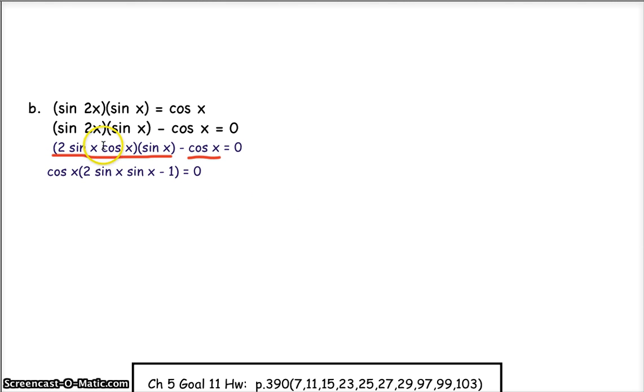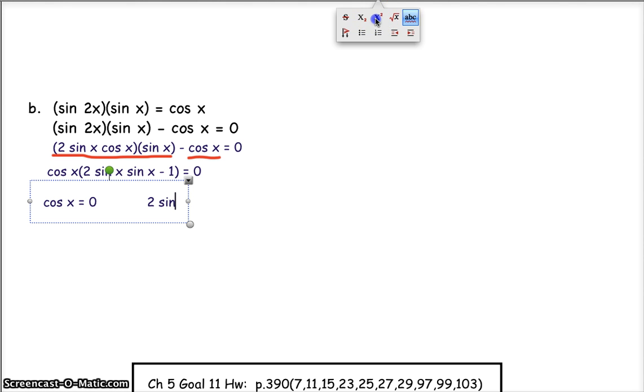So we factored cosine out of each of these. Now we can set each factor equal to 0, so find where cosine x equals 0, and we can find where 2 sine x times sine x is sine squared x, minus 1 equals 0.